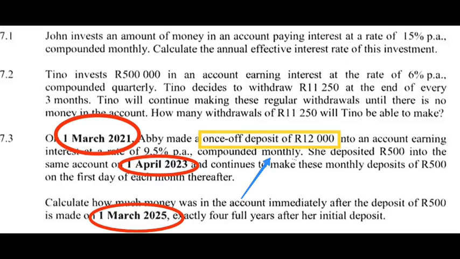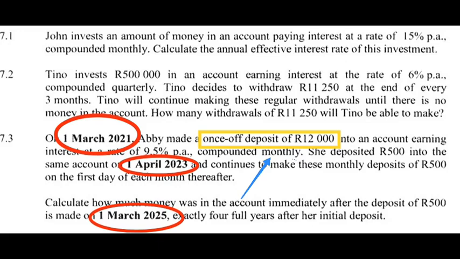We must understand this question. We need to first work out the initial deposit, and then we have to work out an annuity amount, an annuity due. First of all, you must remember that the 12,000 is a once-off deposit, and that money she leaves for 4 full years.